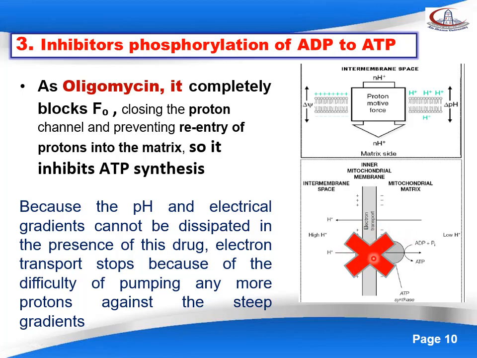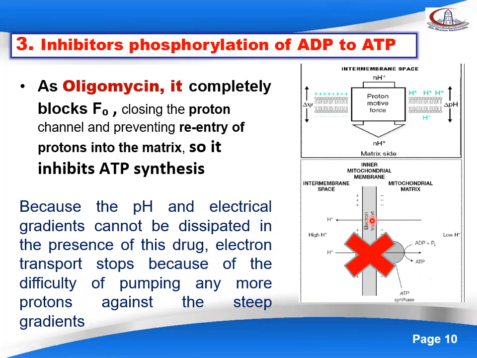It is accumulated here. There is no way for the proton to enter the mitochondrial matrix. The only way is blocked, and there is no other pathway as with an uncoupler. The protons here are in large amount and can't be dissipated; with each oxidation they accumulate. Electrons stop passing. Oxidation stops because of the difficulty of pumping any more protons against the high concentration gradient.